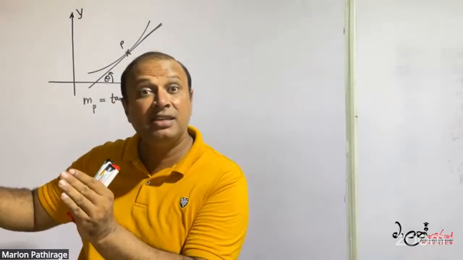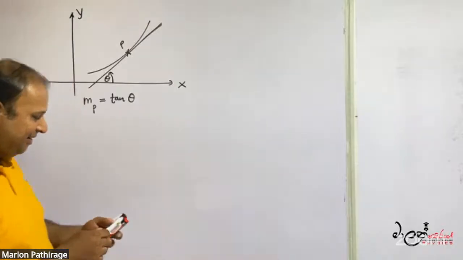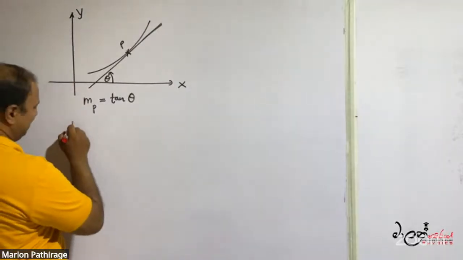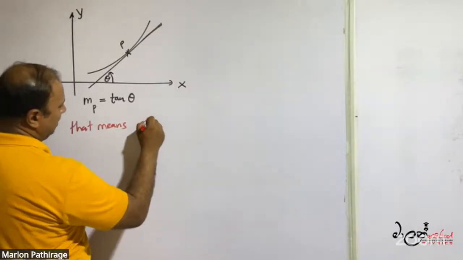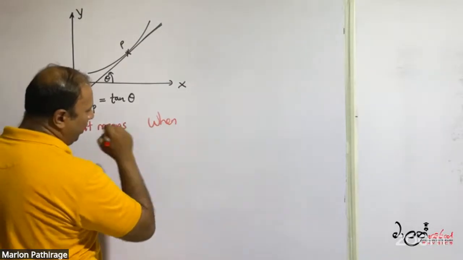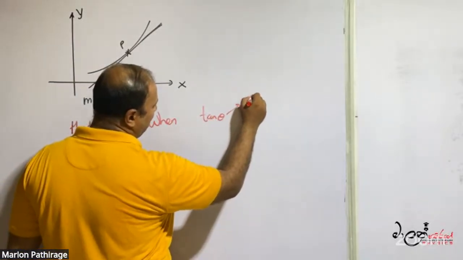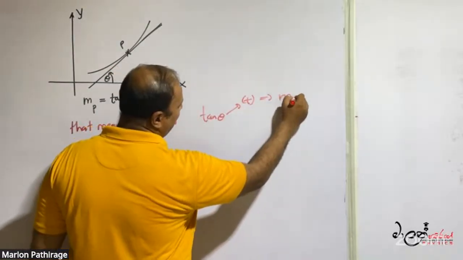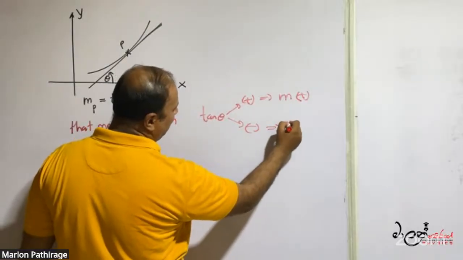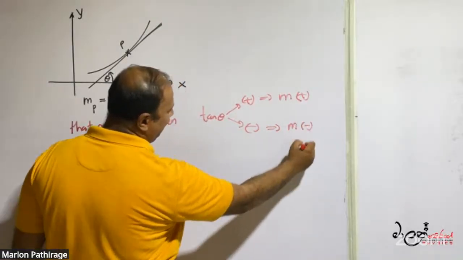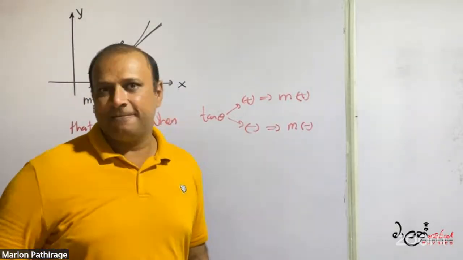When tan theta is negative, the gradient is negative. Is that clear?